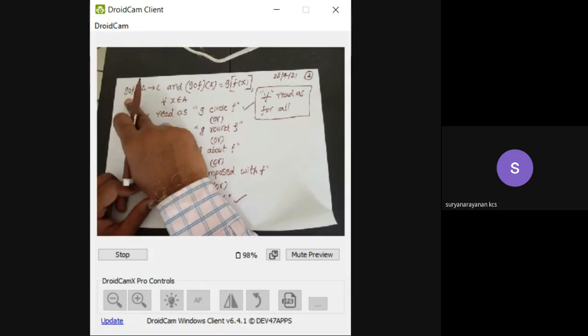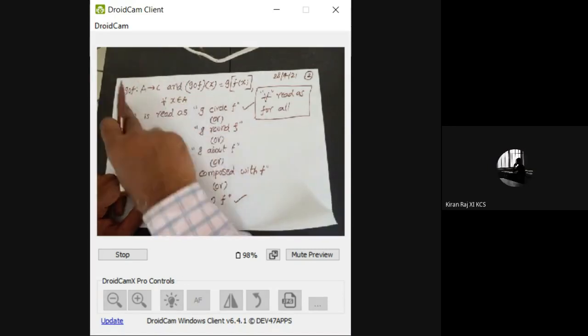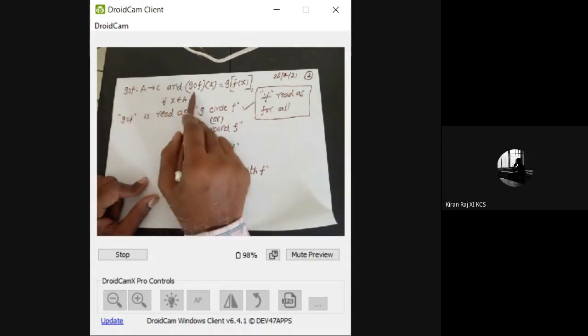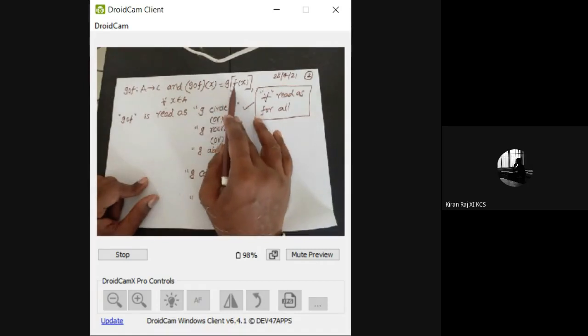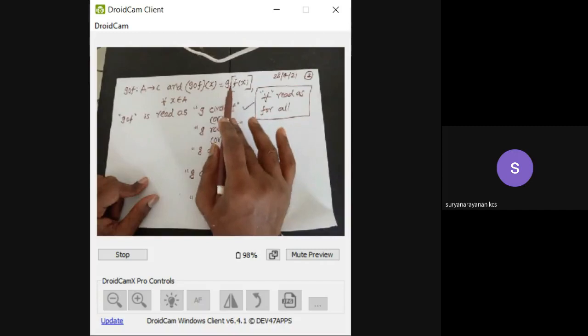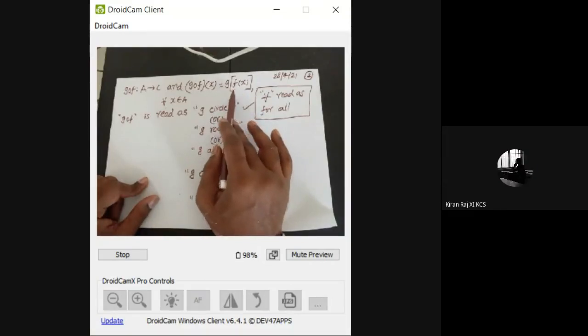Kiran Raj, read these two lines. Yes, sir. G circle F is a mapping from A to C, and G circle F of X equals to G F of X. Stop, Kiran. Not G F of F. G of F of X. Yes, sir.